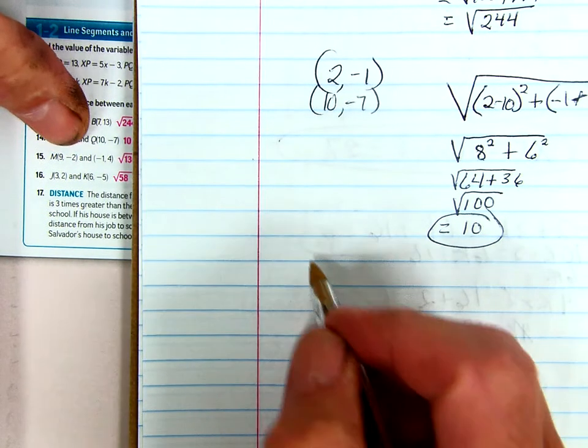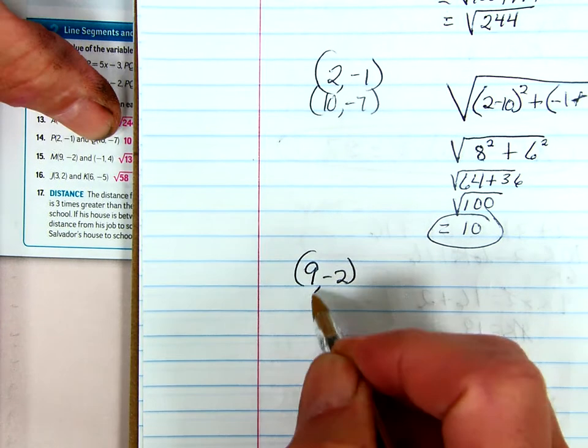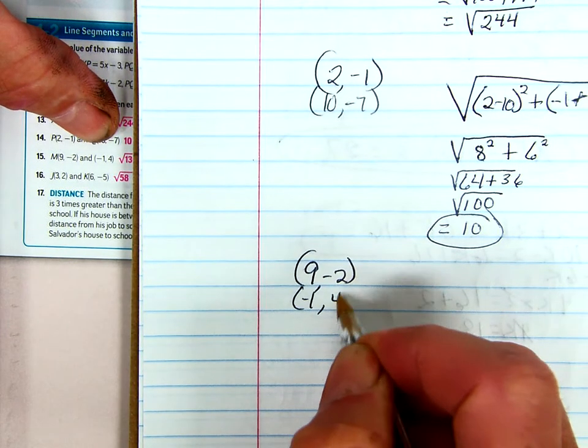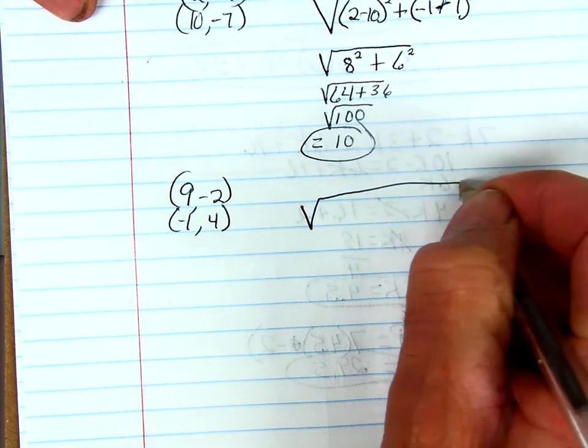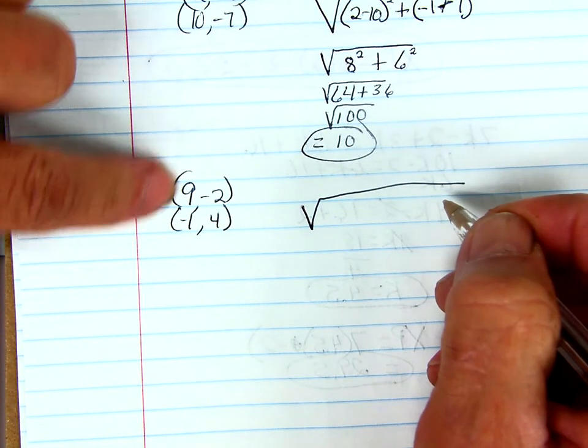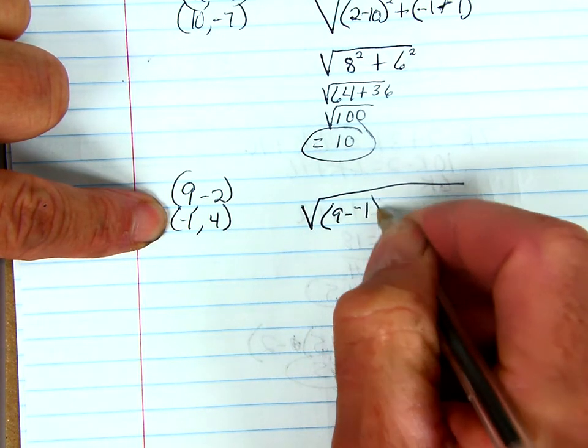Number 15, the points are (9, -2) and (-1, 4). Here's my x's: 9 minus negative 1, squared.